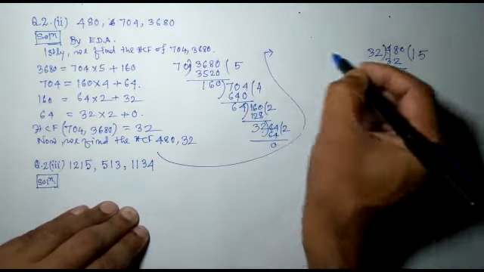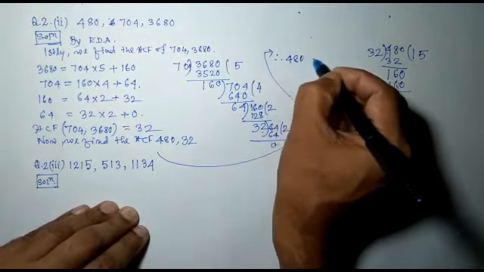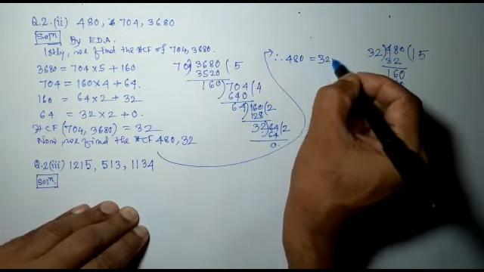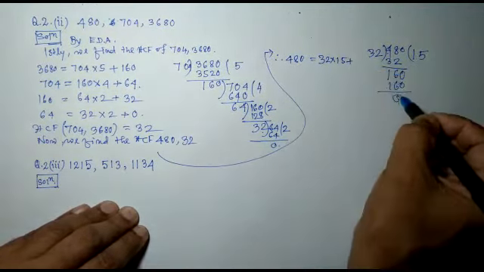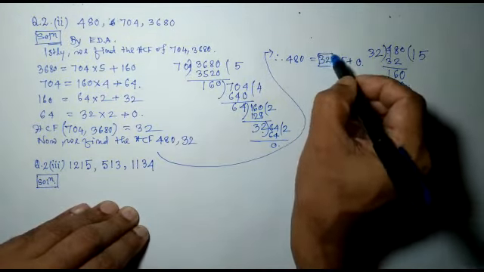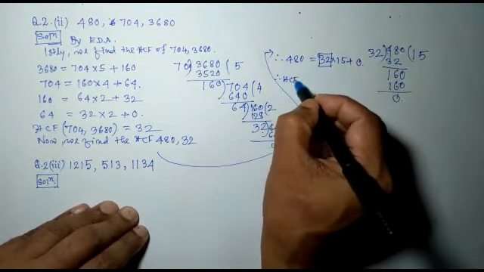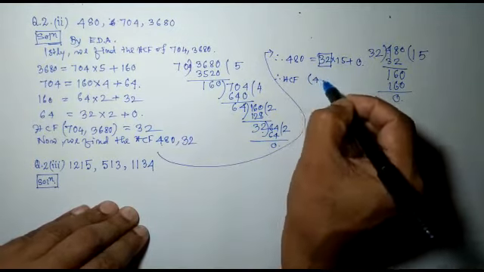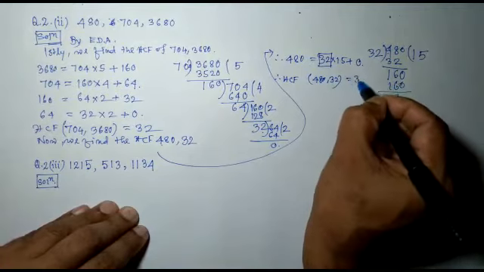So I write this, therefore the dividend 480, see here, this is dividend, this is divisor, into the quotient is 15 and the remainder is 0. As the remainder is 0, so this can be the H.C.F. So we can write H.C.F of these two numbers, 480 and 32, is equal to 32.